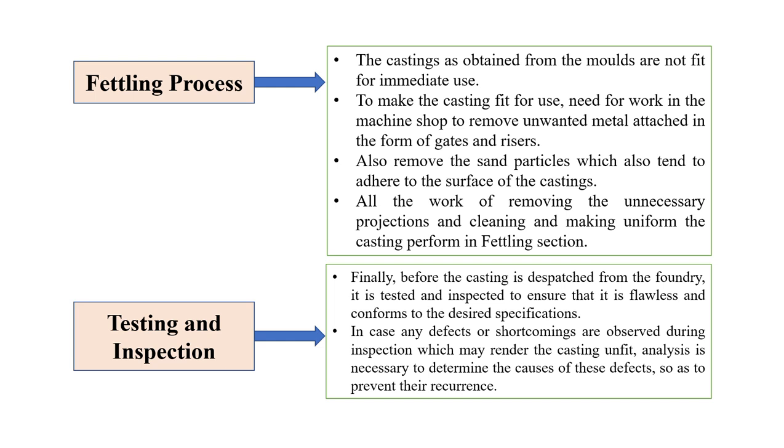So defects should not be repeated, for which we have to find the root cause. So all these five processes are important and are followed during the production of castings.